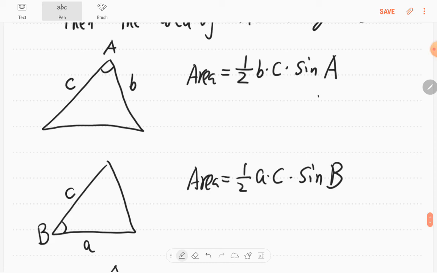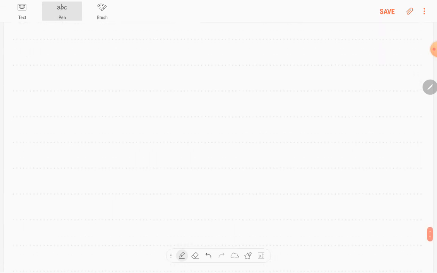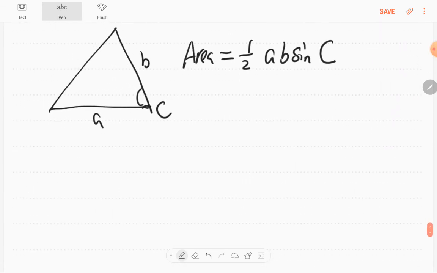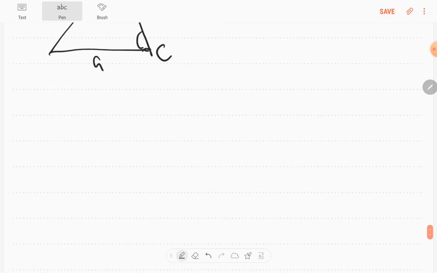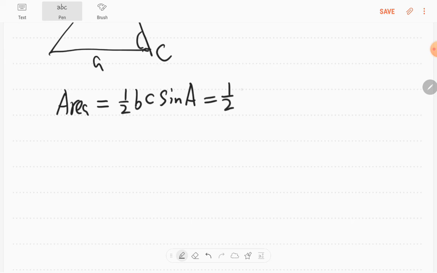So the area of the triangle can be written as 1/2 B times C times sine A, or 1/2 A times C times sine B, or 1/2 A times B times sine C.